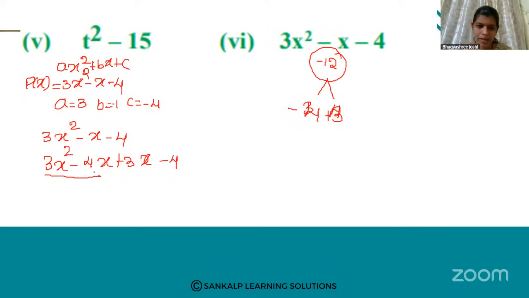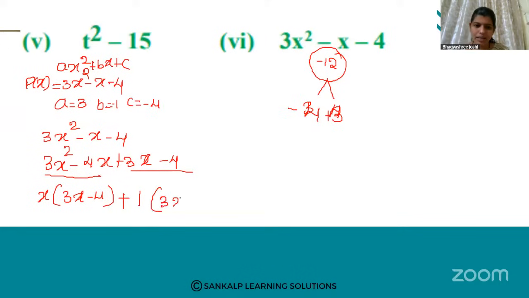Okay, make two groups. So in first group, which term is common? Yes, dear children, which term is common? X is common. So I will take x outside. Then 3x minus 4 will remain in the bracket, plus here nothing is there means 1 is common. So 1 I will take outside. 3x minus 4.